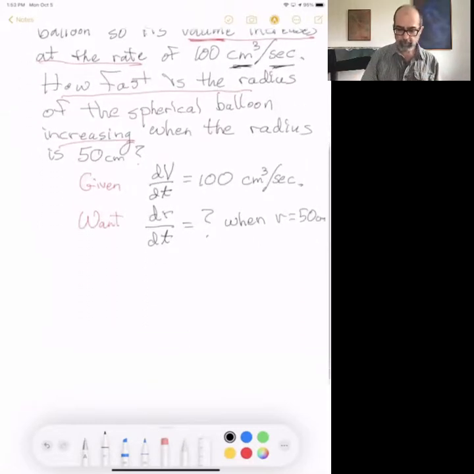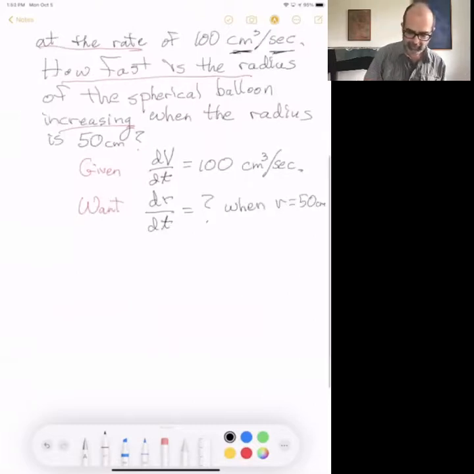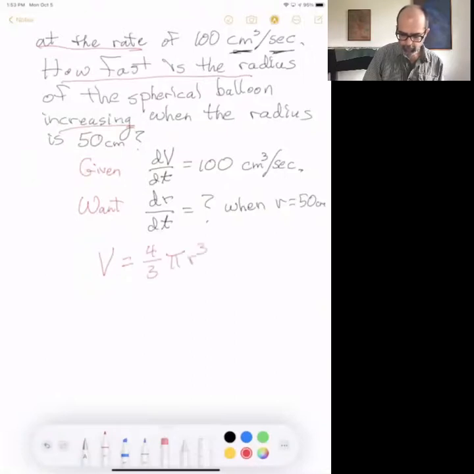We've seen something like this before, or I hope you've seen it, maybe not in this class, but the volume of a sphere is 4/3 pi r cubed. So this means that the volume and the radius are related through this formula. And therefore, the derivatives must be related rates as well.